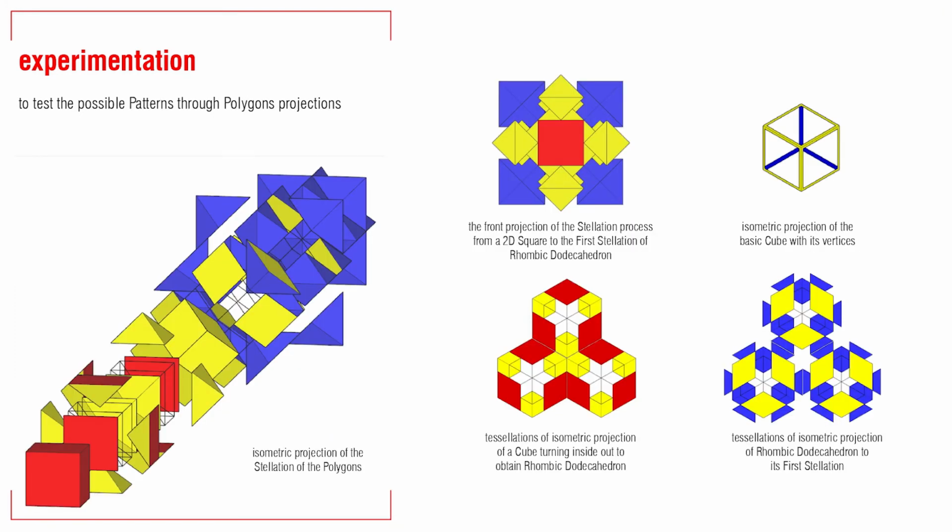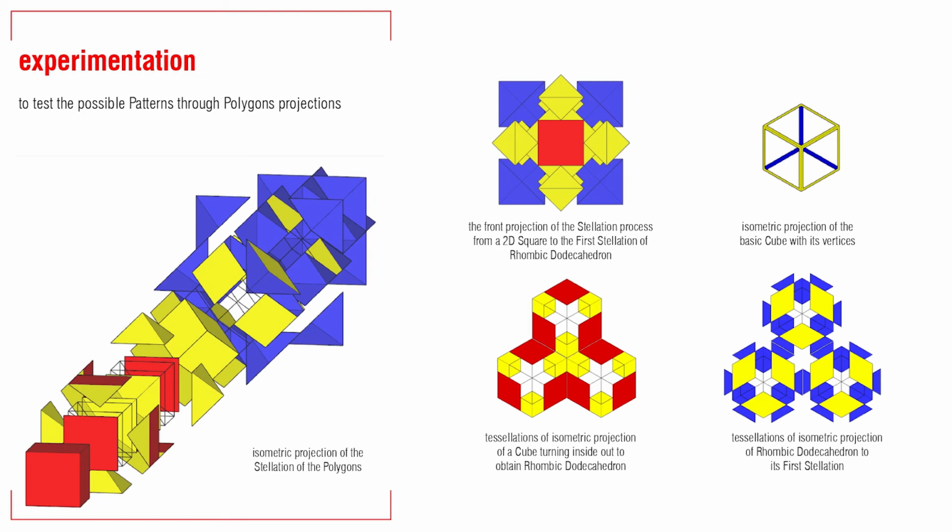When I experimented with solids on the computer, I realized that great and interesting visual patterns could be obtained by looking at the solids from orthogonal projections, and in this case it's isometric. The first iteration is by looking at the stellations or the polygons from the frontal elevation.